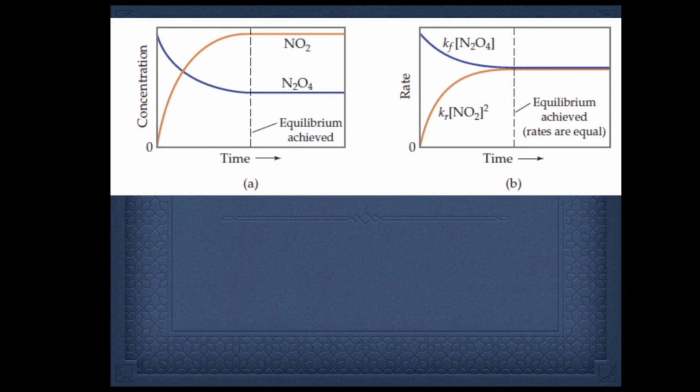Meanwhile, the rate of NO2 is going to increase, and the reason why is as the reaction proceeds, you're going to end up with a greater concentration of NO2. So as the concentration of NO2 increases, so does the rate. Also note that the initial rate of NO2 is 0, and the reason why it's 0 is because at the very beginning of this reaction, you started off with no NO2, and therefore, if you have no concentration of NO2, the initial rate is going to be 0.